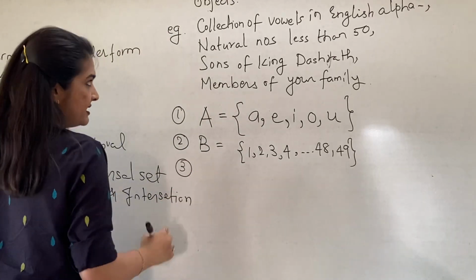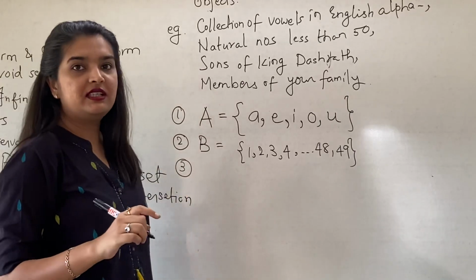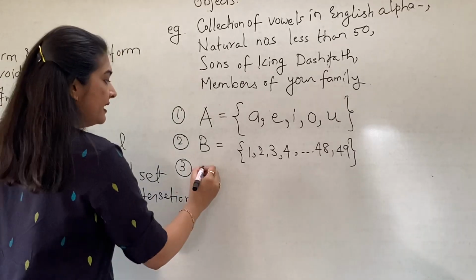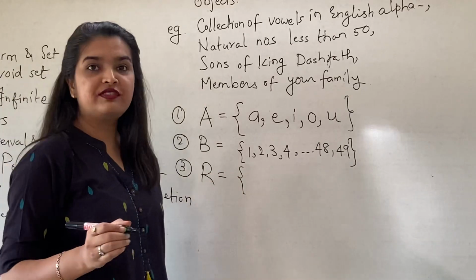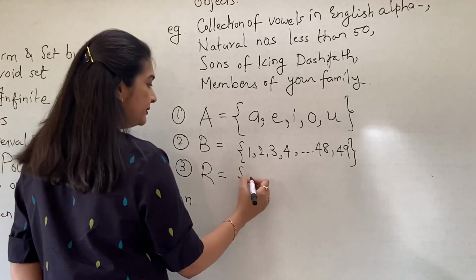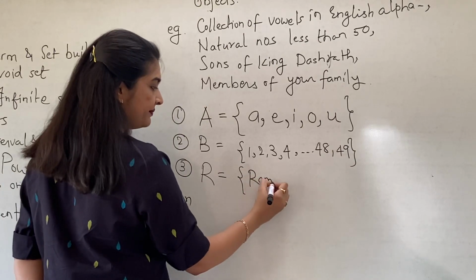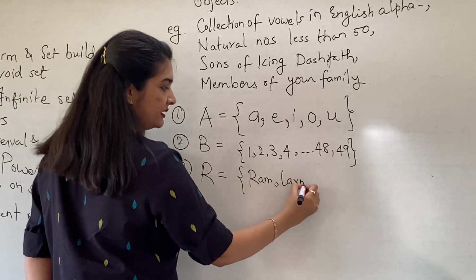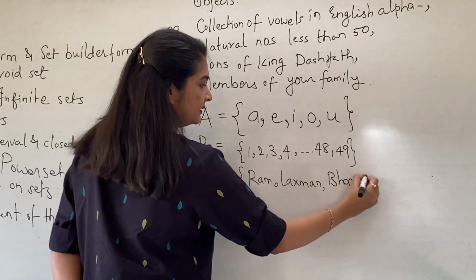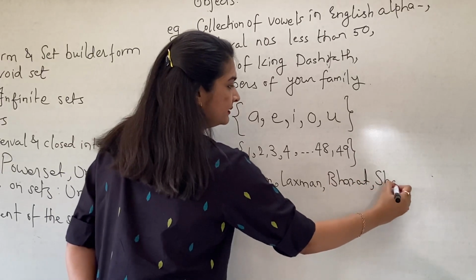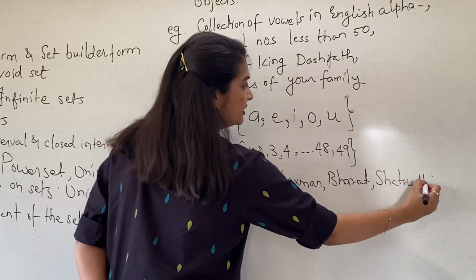Third example is sons of King Dashrath. I denote that set by R as Ramayana. So R is equal to who are the sons of King Dashrath? They are Ram, Lakshman, Bharat and Shatrughna.